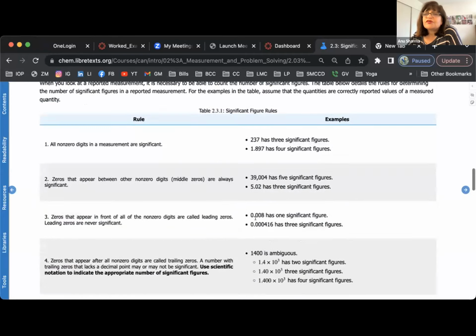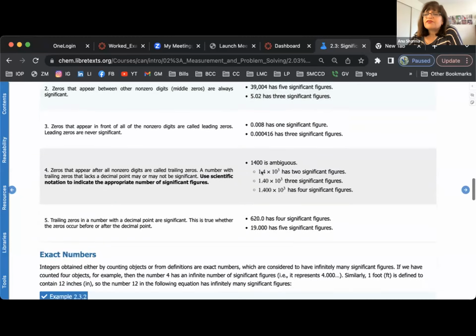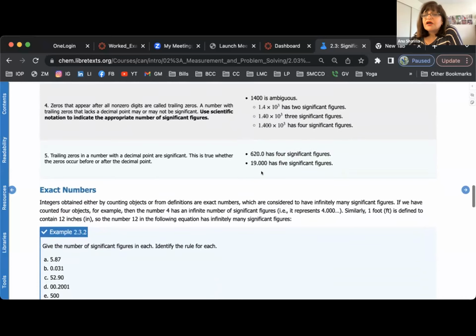And anytime you use a measuring device, there's going to be some empty space and you will have to use some kind of estimation. So that's where the ambiguity comes in. The last number fluctuates, so that's okay. So here 19.000, these are 1, 2, 3, 4, 5 significant figures, okay?